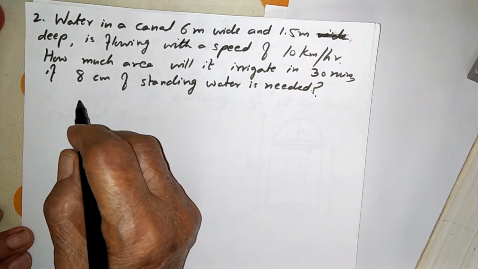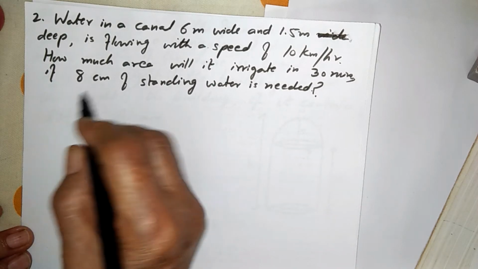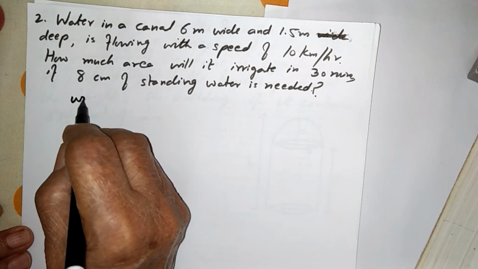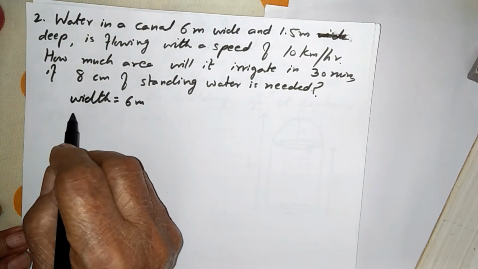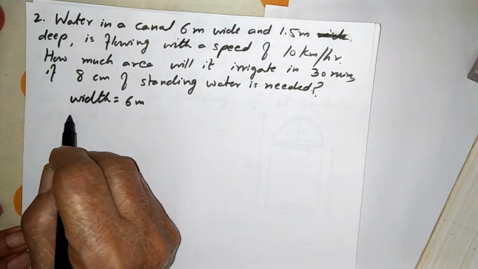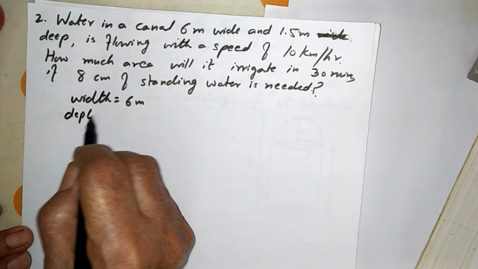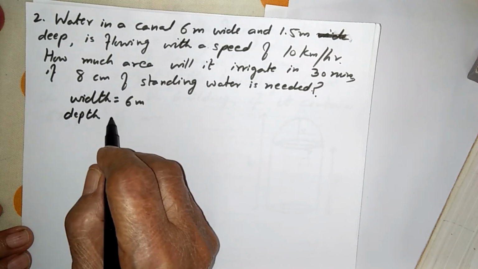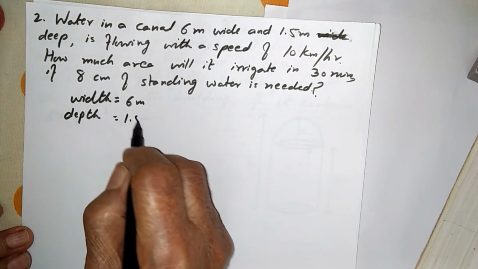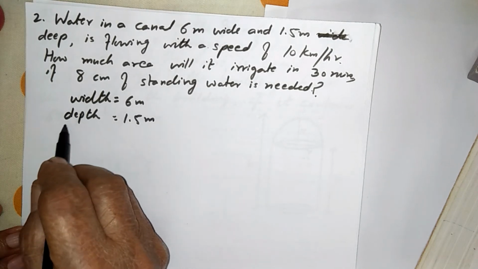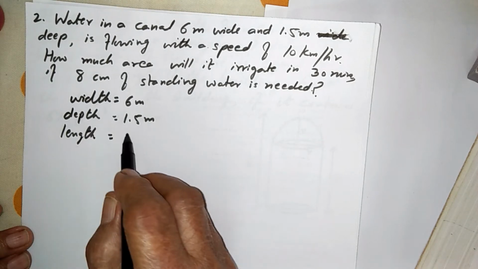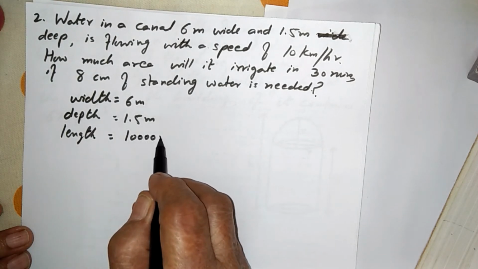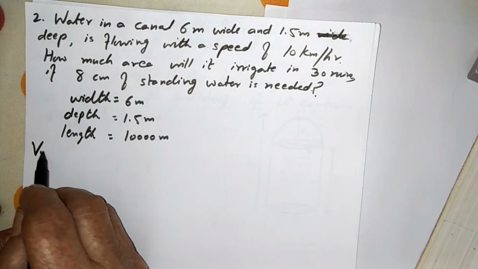So here the width is 6 meter. Depth means it is our height of the cuboid, which is 1.5 meter, and length we will convert into meter. This is 10,000 meter.